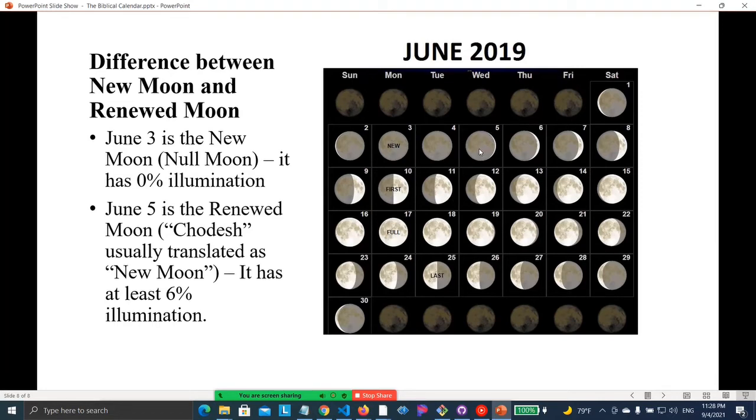But if you go here to the 5th, there's that sliver we saw, that's 6%. The 4th got skipped completely. There's a little bitty line if you look real careful, but it wasn't enough. So in this case, it was 2 days, not 1 day, after the null moon. It's always going to be at least 1 day after the null moon, but not always 1, sometimes 2. So there's an example.